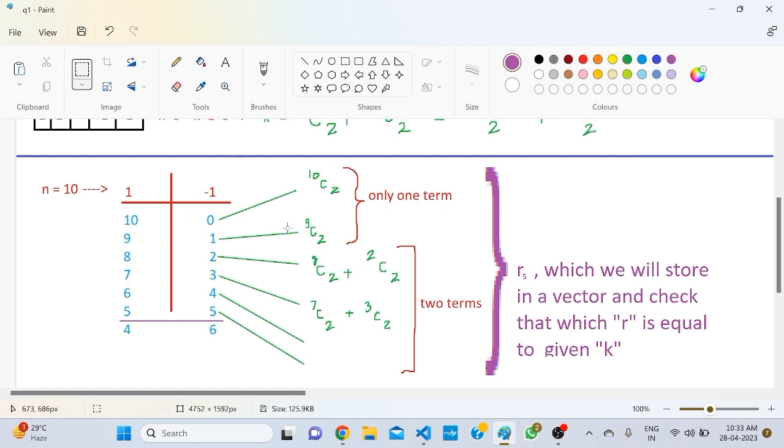If our k is 9C2, which is equal to 36, it will check that k is equal to 36. So we will print i times 1, which is 9, so we will print 9 ones, and we will print (n minus i) times minus 1. n is equal to 10 and i is equal to 9, so 10 minus 9 is 1. So we will print 1 time minus 1.